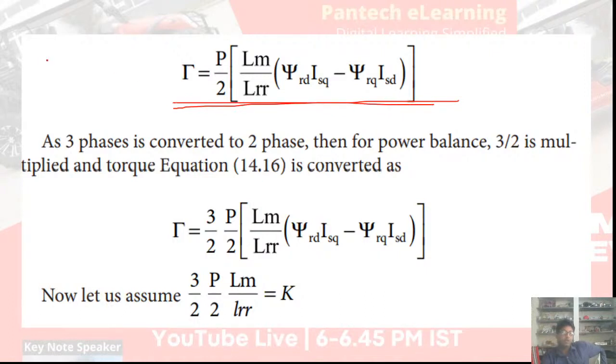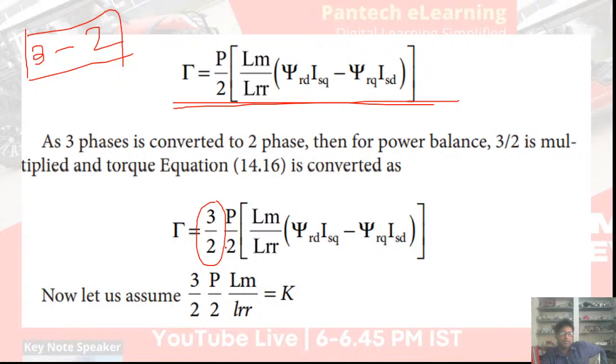Now you remember we converted the 3-phase power to 2-phase power. Once we have converted this ABC to alpha beta, the 3-phase converted to 2-phase, definitely to balance the power, I have to multiply the entire thing by 3 by 2.